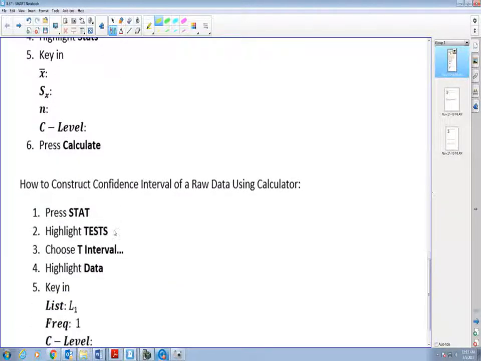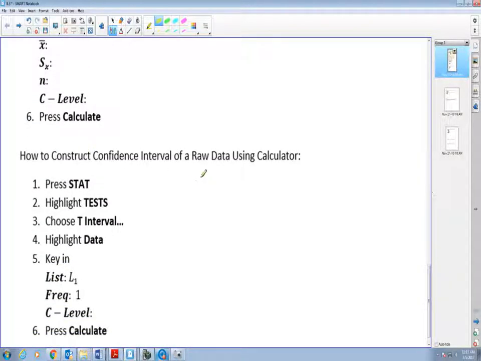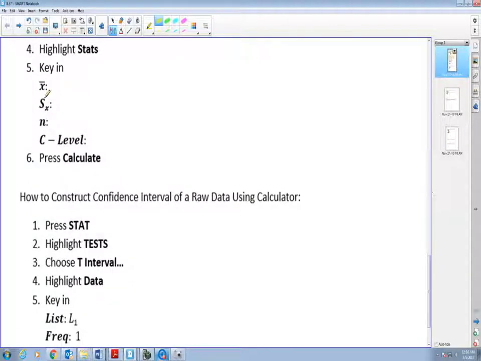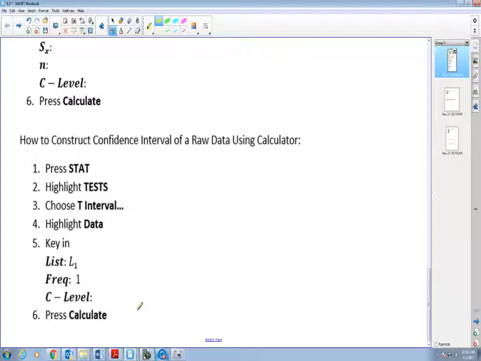Now if I need to type in raw data into the calculator, then we type in our data under L1, with no L2, frequency one, at the C level. Because if I type in the raw data, the calculator automatically computes the point estimate and the sample standard deviation for me. So this is all I have to type in.